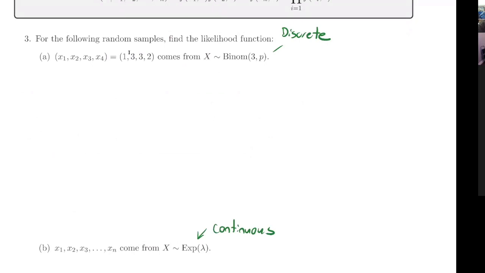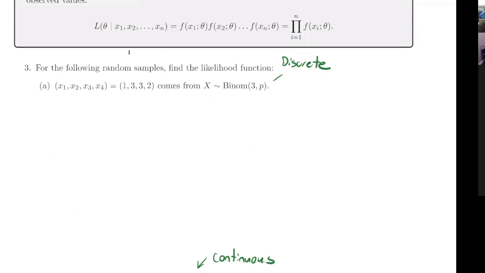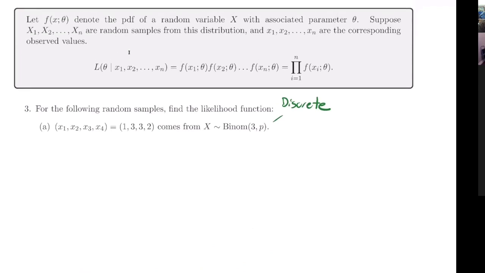Okay, so for a binomial distribution, if we're going to find the likelihood function, which is what this is asking us to do, then we need to know what the PDF is. Here our parameter is P, since we have a fixed number of trials, 3 trials here.